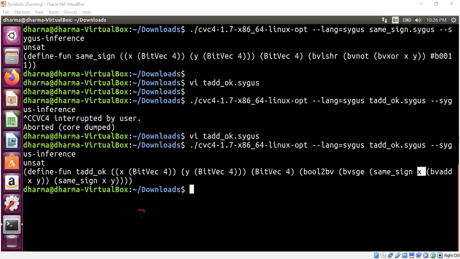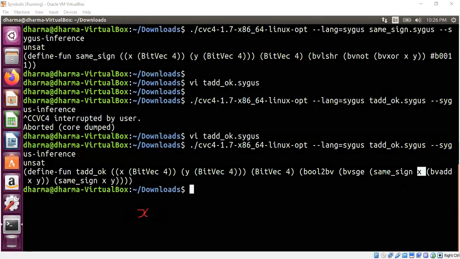So we have number x, and here we are doing x plus y. We are calling the same sign function for this particular pair. We ask whether x and x plus y have the same sign, meaning if x is positive, x plus y is also positive, and if x is negative, x plus y is also negative.